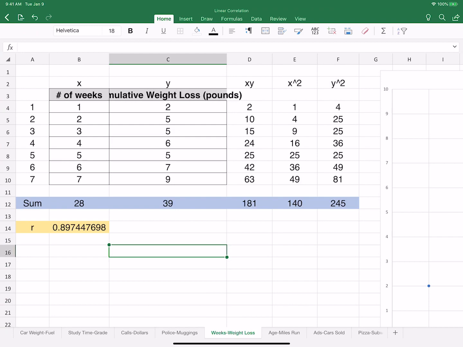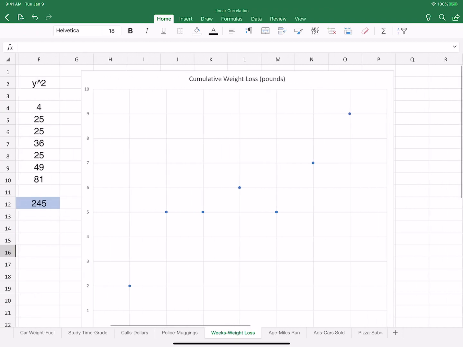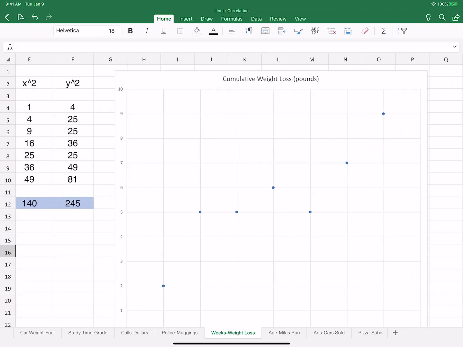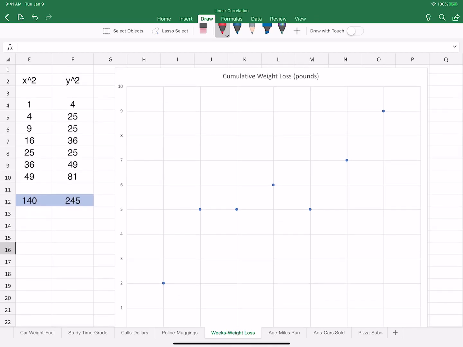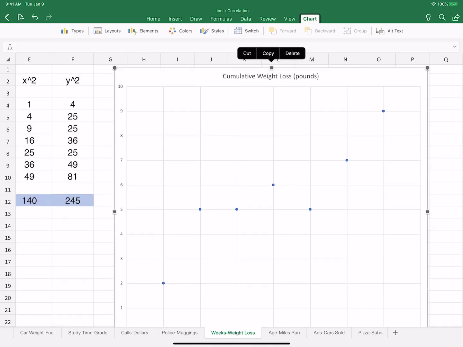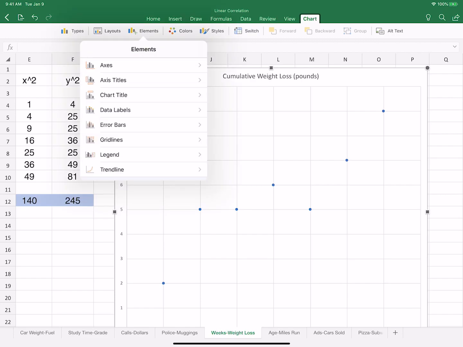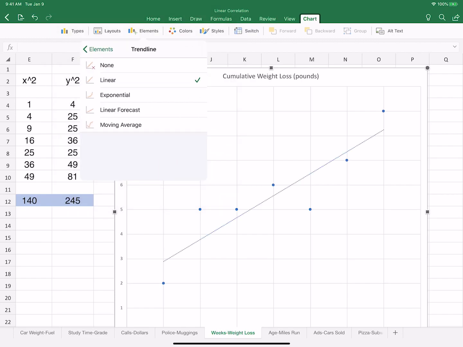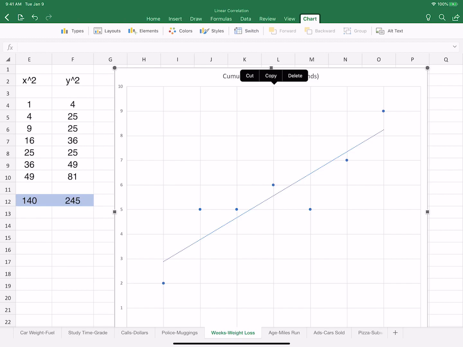Let's go back to Excel, Microsoft Excel. You can add an element, Trendline Linear. Okay.